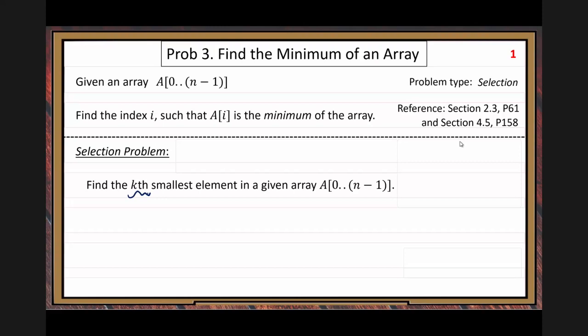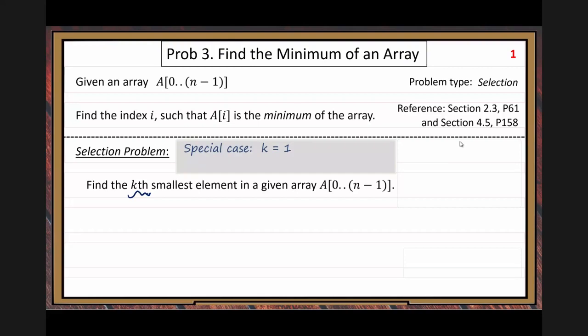This question is called a selection problem. When k equals 1, first smallest, right? That's the minimum. When k equals n, the nth smallest. That's the maximum. So you can see the selection problem contains finding the minimum problem and finding the maximum problem.